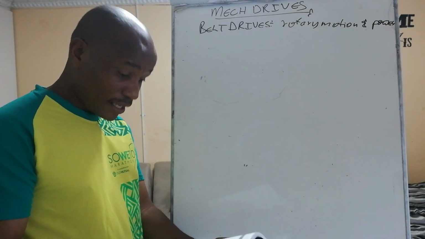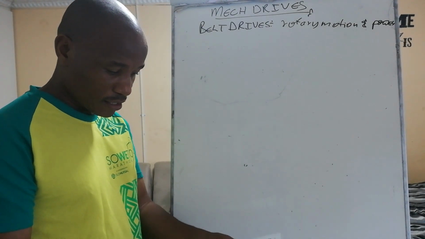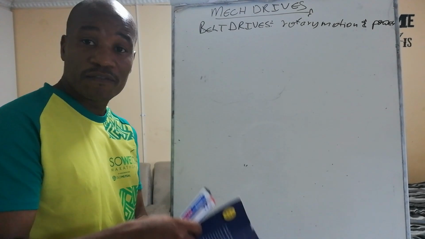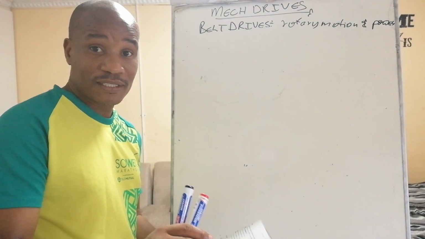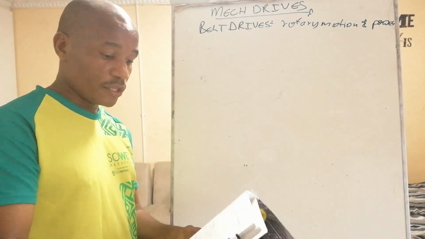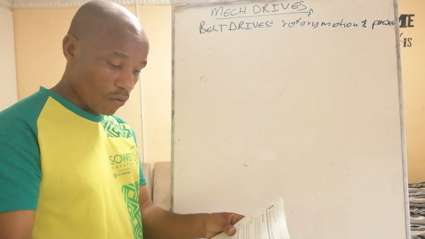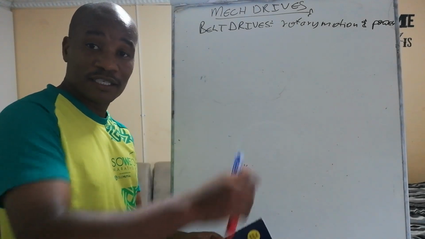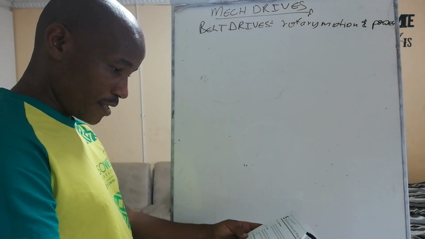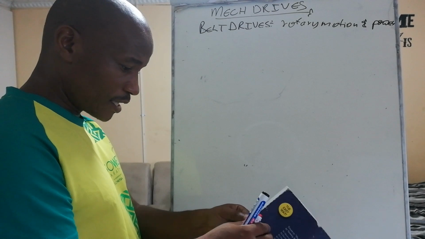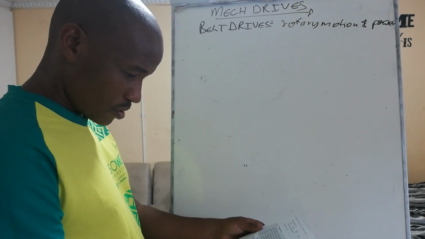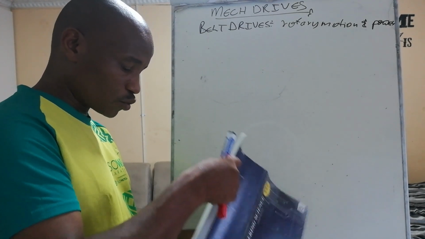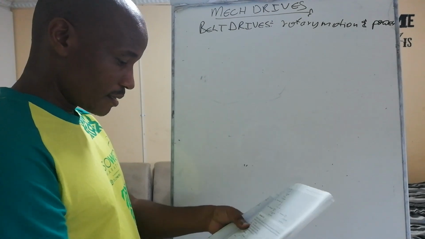Let's take a problem, a serious problem that can solve the issue of belt drives. Then you know you are covered for belt drives, and at a later stage we'll deal with gear drives and chain drives. Let's take this one, and we're going to take three.